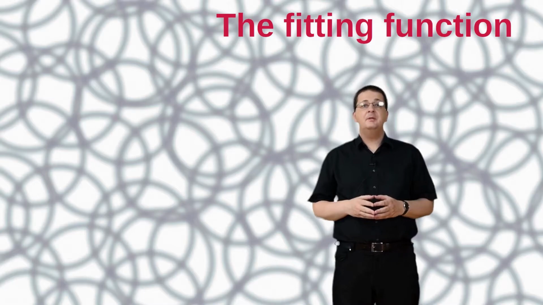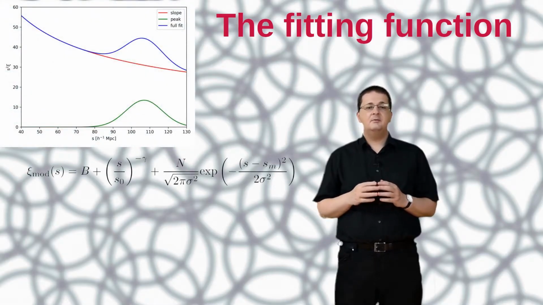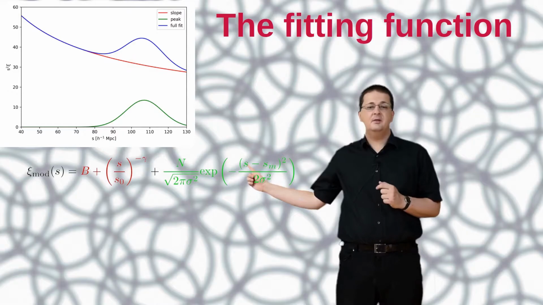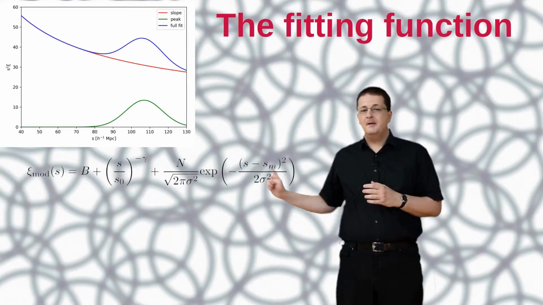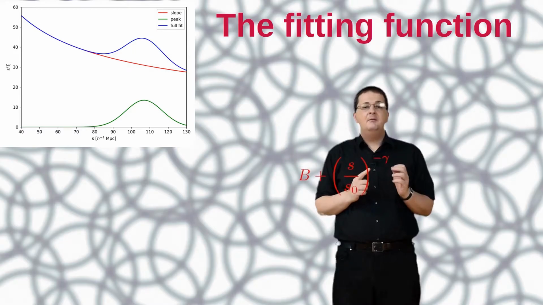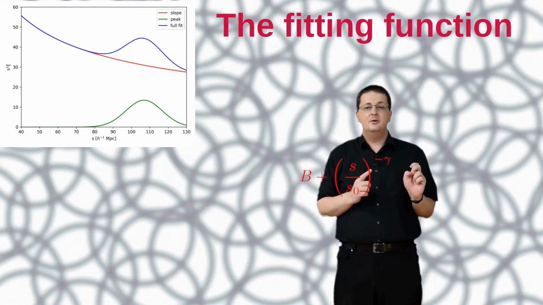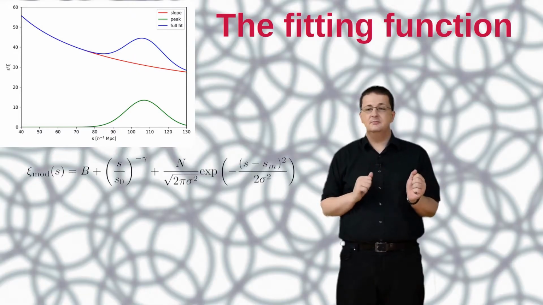While we can spot the BAO feature in the data by just eyeballing it, we need a more profound way to measure the peak location. To this end, we will fit this function, which is based on Sanchez 2011. It consists of two terms: a power law with a scale length S0 and an offset b, which represents the slope of the two-point correlation function.